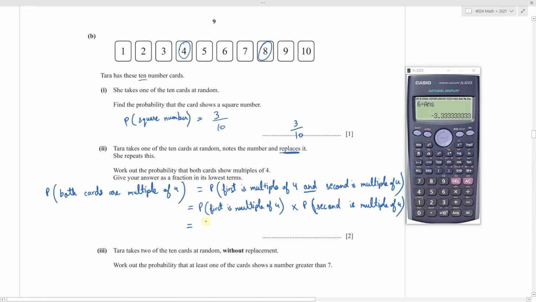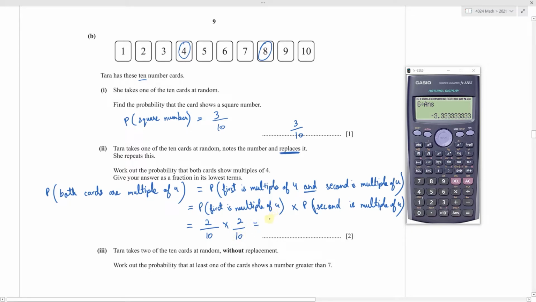So when you're picking the cards, what is the probability that first is multiple of 4? You have two cards that are multiple of 4 out of the 10. Multiplied by second is also multiple of 4. Remember, she replaces it. That means she picks the card, notes down the number, and puts the card back in the deck. So when you're picking the second card, you still have the full deck. And from the full deck, you have again two cards that are multiple of 4 out of the 10 total cards.